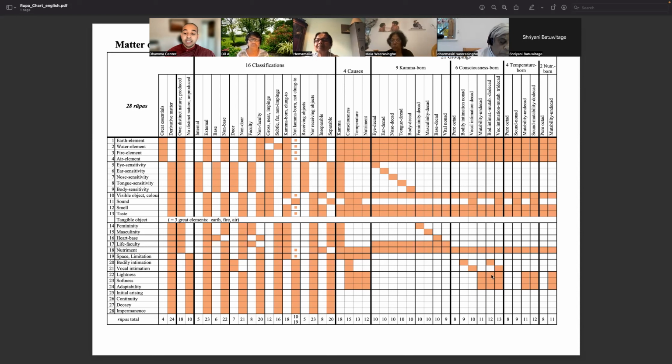Here you find Chittaja Lahuta, lightness. That's the lightness that occurs to bring you that light feeling. The body feels light because of the mind, right? That is Chittaja Lahuta. But you're not far off.